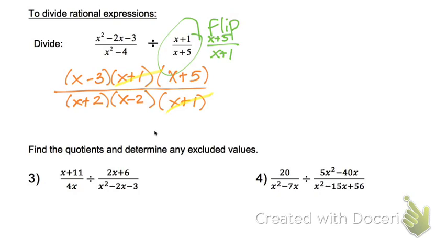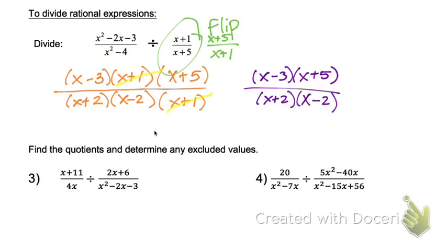So I am left with, it's kind of sad when you don't have very many things cancel. I think there's an example where everything cancels and you just feel like you conquered the world. You're just left with like 1. And x does not equal what? 2 and negative 2.